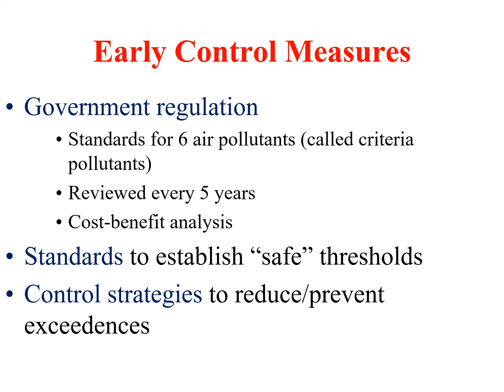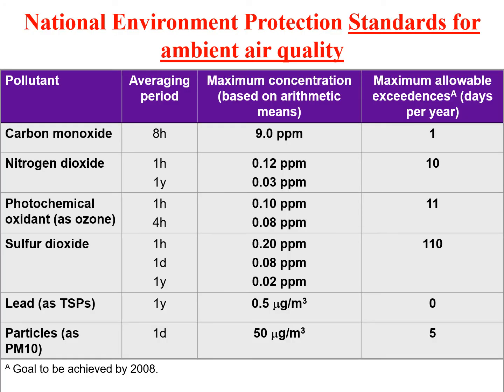Early control measures: governmental regulation, standards to establish safe thresholds, and control strategies to reduce or prevent the increase. National Environment Protection Standards for ambient air quality. These are permissible levels, the upper permissible limit for these pollutants.